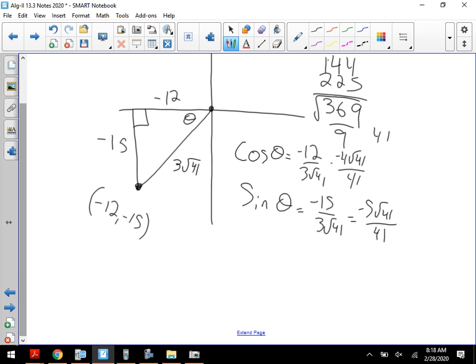Tangent is what? Opposite over adjacent, right? What's your opposite? Negative 15, over negative 12. What's negative divided by negative? Positive. Good. So that would be 5/4. Okay.